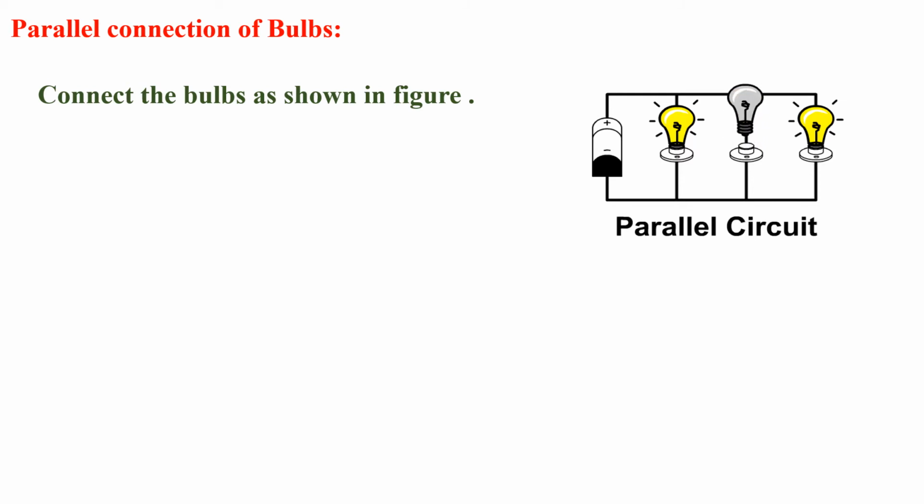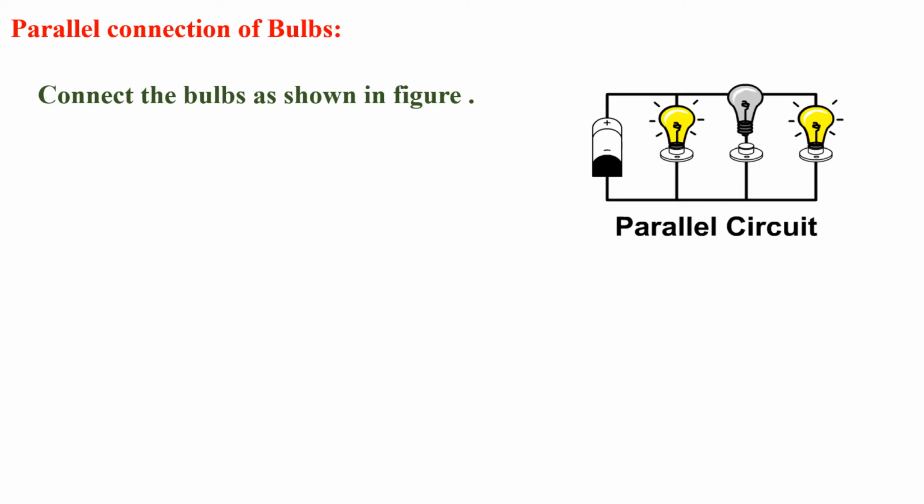But here, all the one terminals are connected in one direction and all the two terminals are connected in the other direction. That's why it is called a parallel connection. There, since it is an interlinked connection, we called it a series connection. Here, all the first terminals go to one side and the second terminals go to the other side. So that's why it is called a parallel circuit.